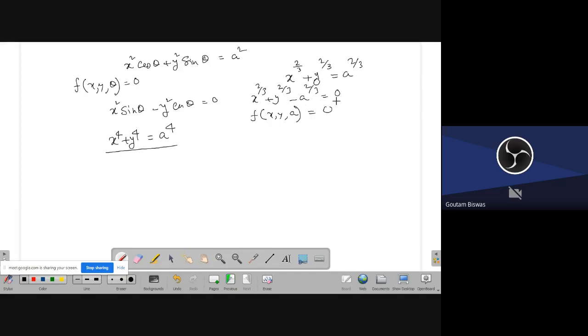So differentiate this equation with respect to a. What will you get? Do that. Can anyone do it? Tell me.